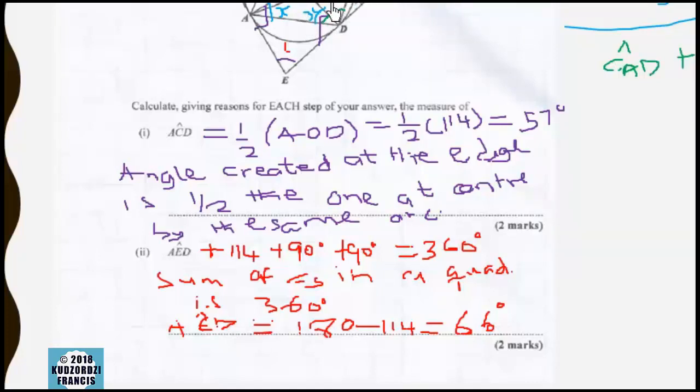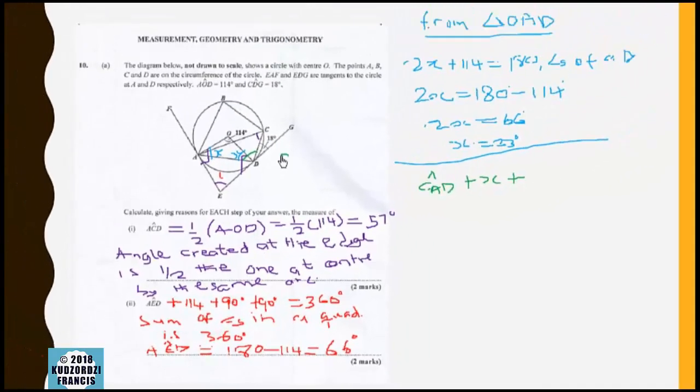So this angle over here will be 90 minus 18, which is equal to 72 degrees. The angle the tangent makes with the radius is 90. So this small angle over here will be 72 degrees.